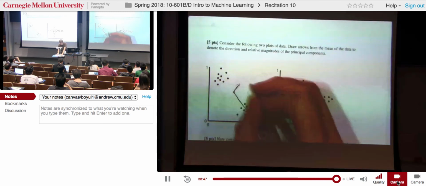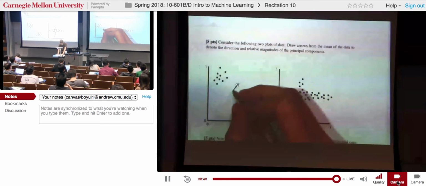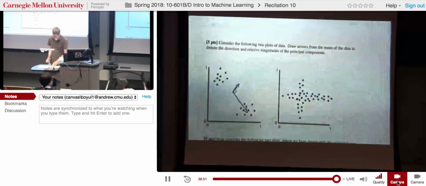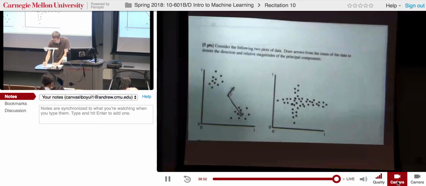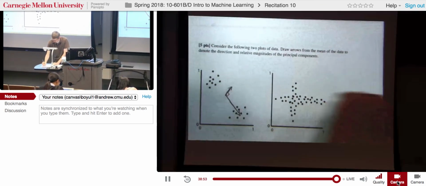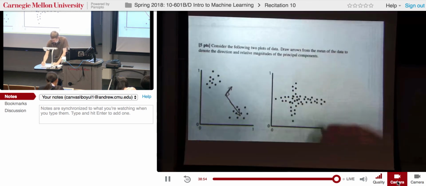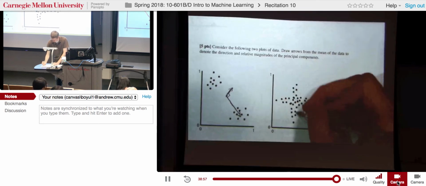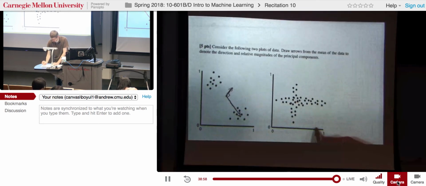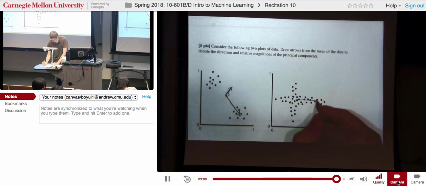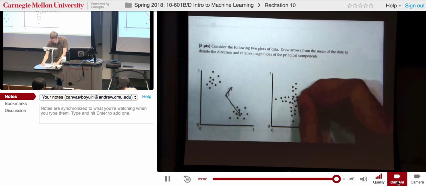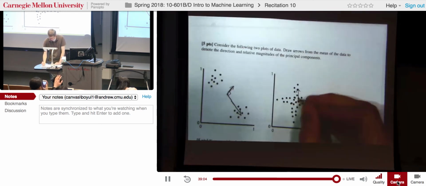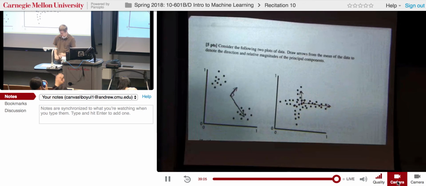So your algorithm, I'm just going to write in words: random init, and then you have some sort of a loop, like while not converged, you assign points, and then you recompute centers.